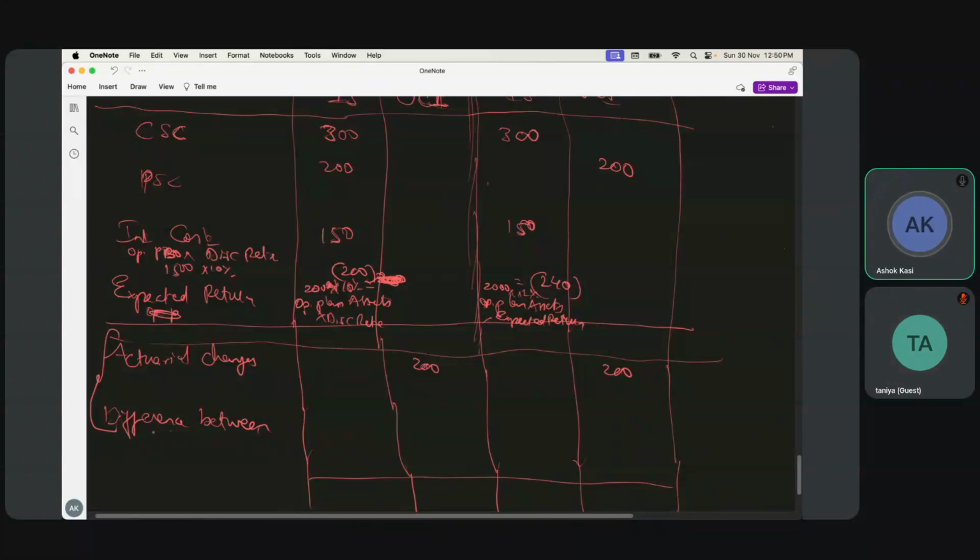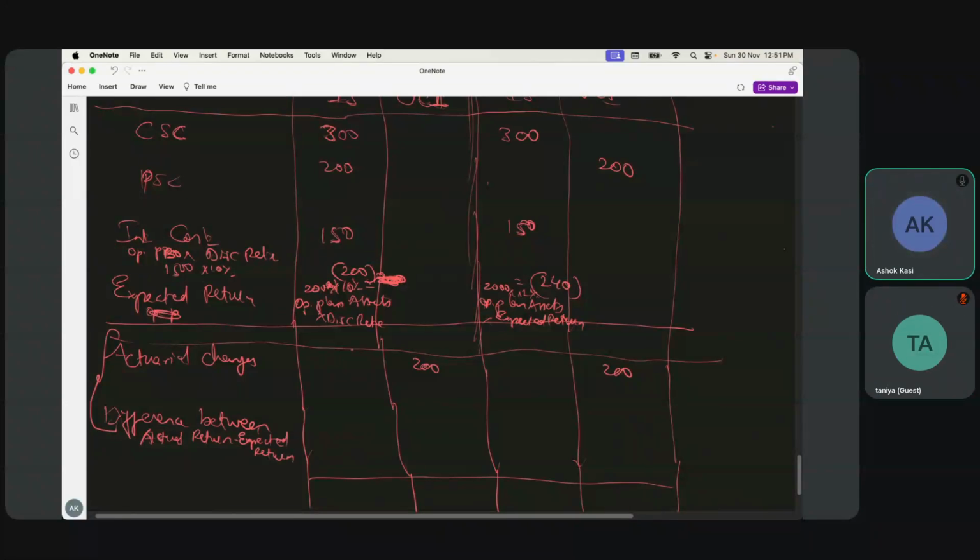the actual return minus expected. So expected, this minus 200 we will take, and for actual, minus 200. One minute. Actual minus expected. So what is the actual return?